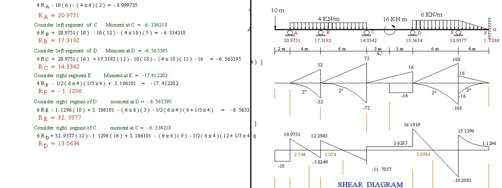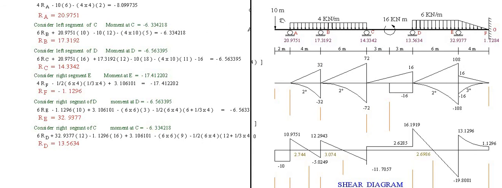This is 10 and 6 or 16. Then RB is also known as 17.3192, times 6 and 6 or 12.